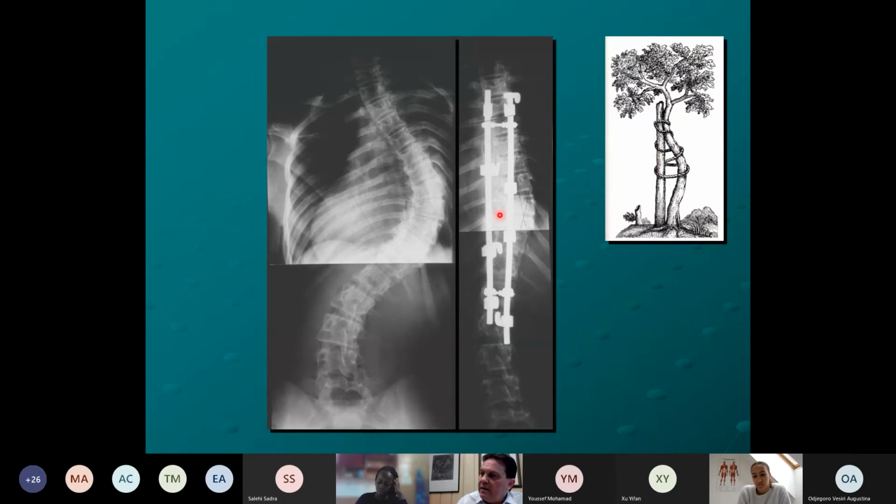If you compare the situation which we do with modern technique to the drawing which Andry did 300 years ago, he had a really smart way of thinking, and he symbolized at those times already what we are doing now, how we are supporting a structure which is deformed, which is weak, and how we can try to correct this deformity. So it is very, very interesting.